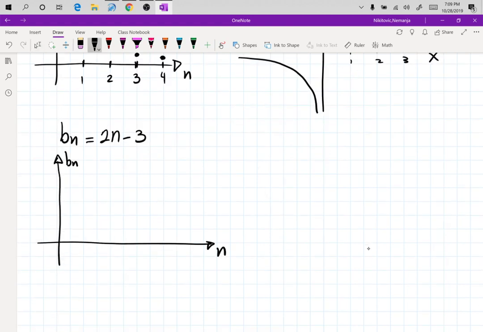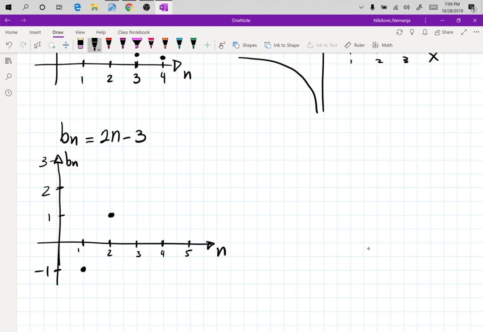Okay, so if we start counting, let's say 1, 2, 3, 4, 5, plug in 1, it's going to be negative 1. And then plug in 2. 2 times 2 is 4, minus 3 is 1.